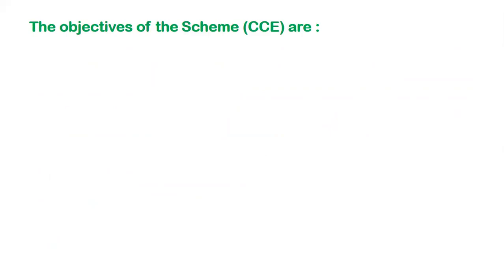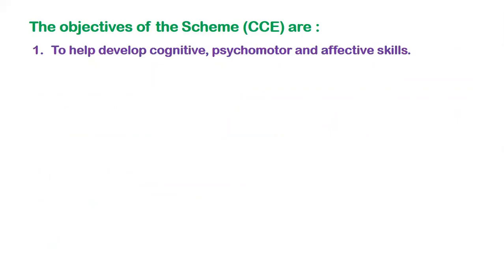So first one is to help develop cognitive, psychomotor, and affective skills. Now, with the help of continuous comprehensive evaluation, it helps all the teachers to understand and also to develop the child cognitively, the psychological and motor level of the child, and the affective interpersonal relationships between children. Okay, which is very, very important.